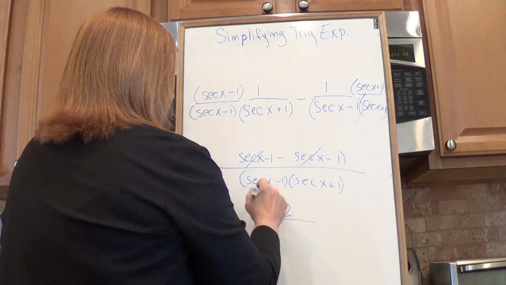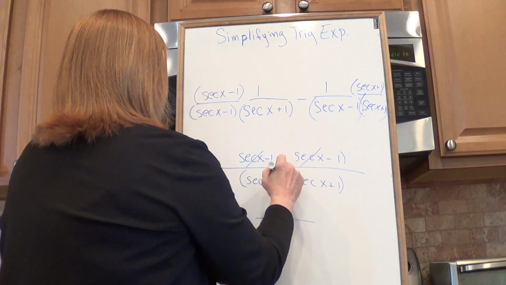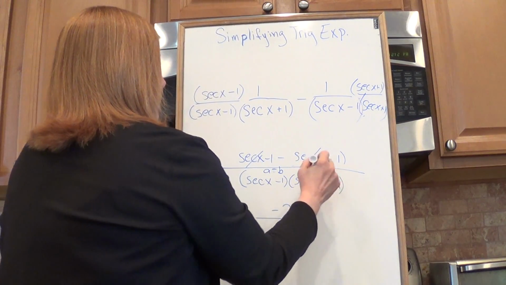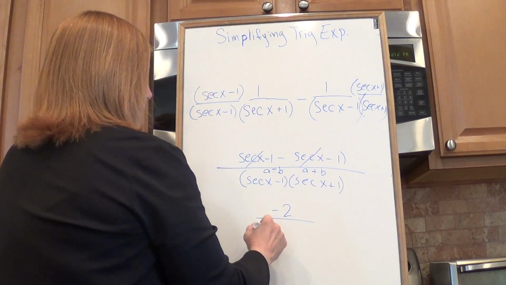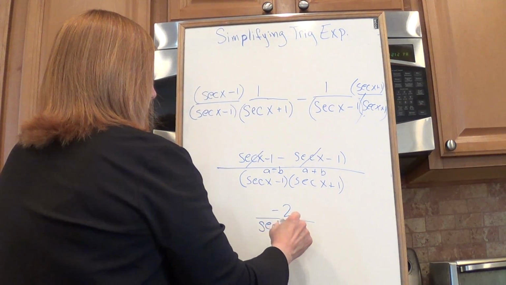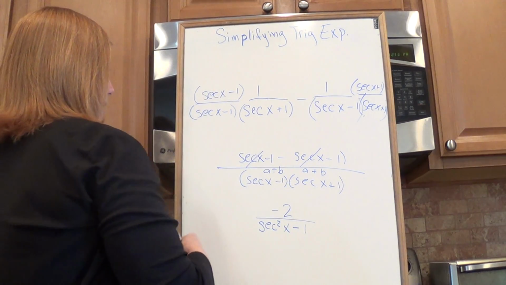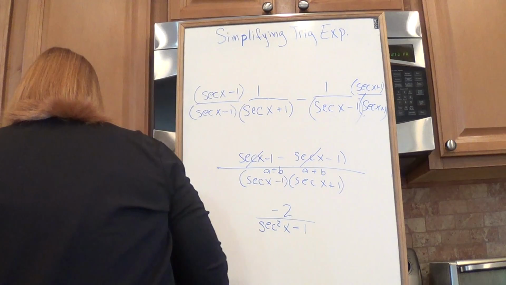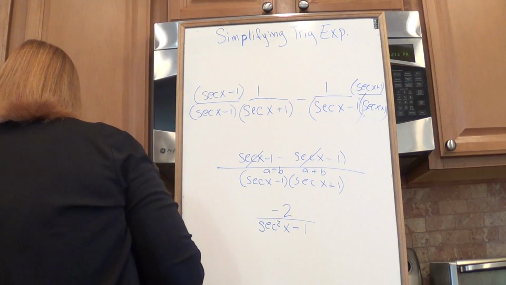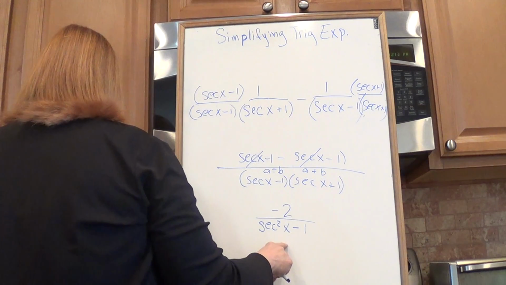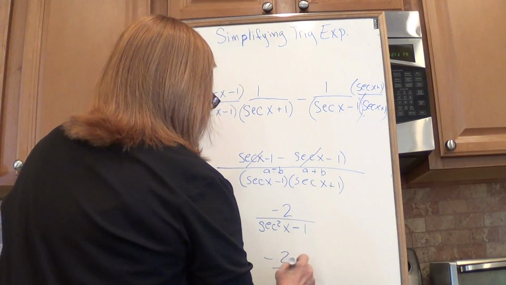And once I apply, if this is a minus b, a plus b, we can write that in the a squared minus b squared form. And secant squared x minus 1 is a trig ID, and it is secant squared minus 1 is the same as tangent squared.